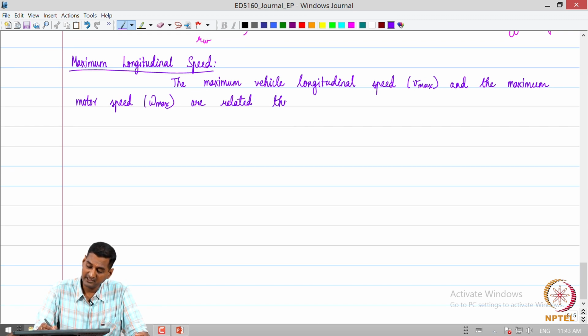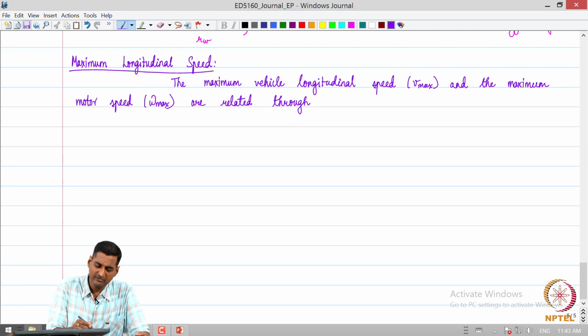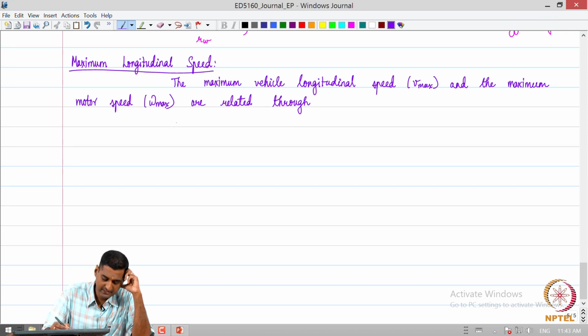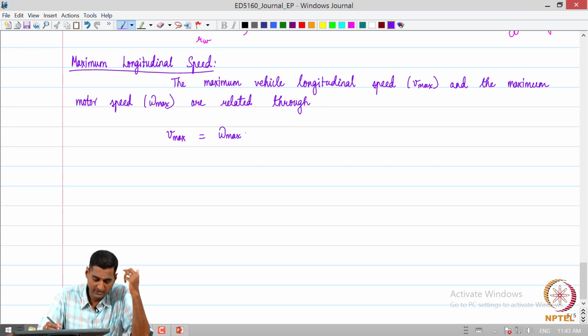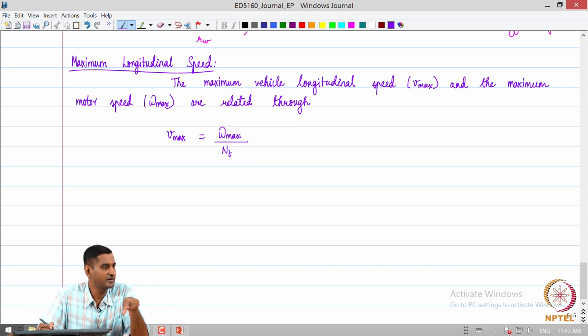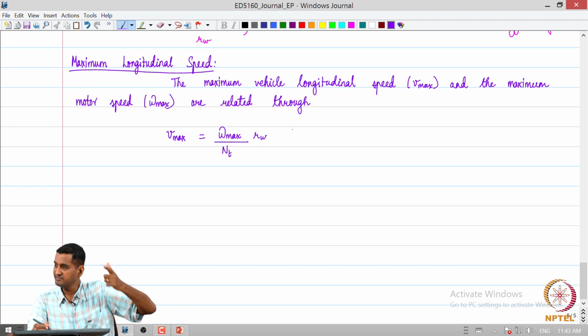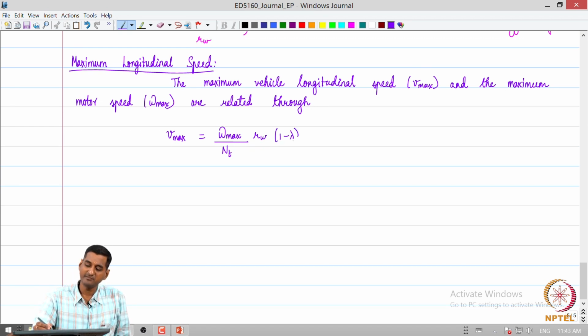The statement is the maximum vehicle longitudinal speed and the maximum motor speed are related through the following equation, which is very similar to what we wrote down when we did the analysis for the conventional IC engine powertrain. So, what is V max? Let us say omega max is the maximum motor speed. Omega max divided by Nt will give me the maximum wheel rotational speed corresponding to omega max. Then if we multiply by Rw, that is going to give the corresponding circumferential speed at the wheel. Then we multiply by 1 minus lambda, where lambda is the wheel slip ratio, and that will give us V max.